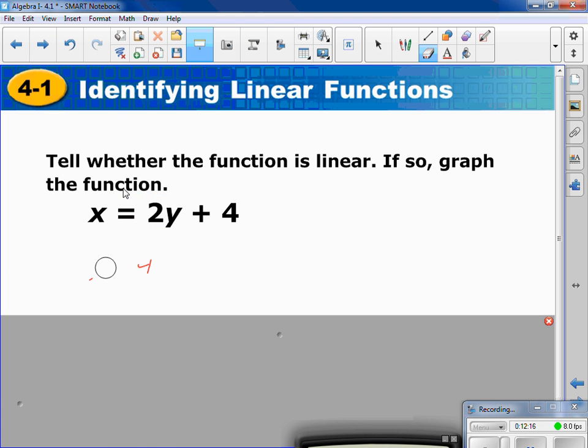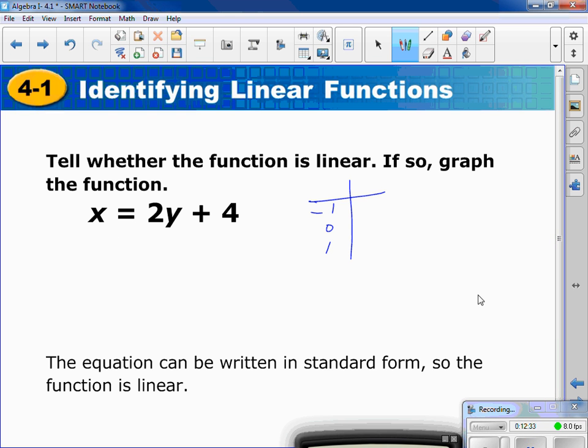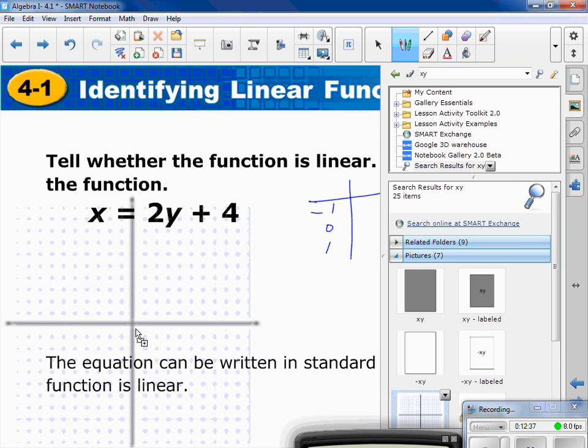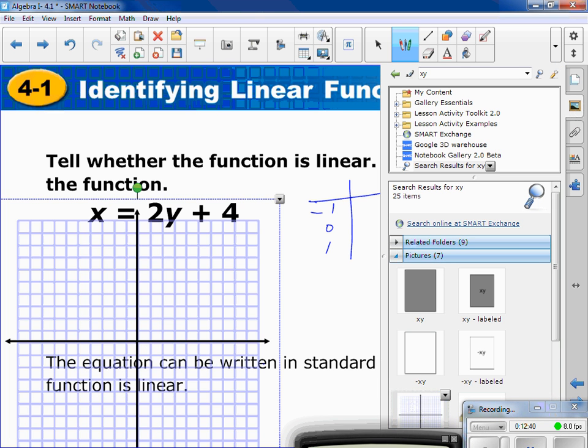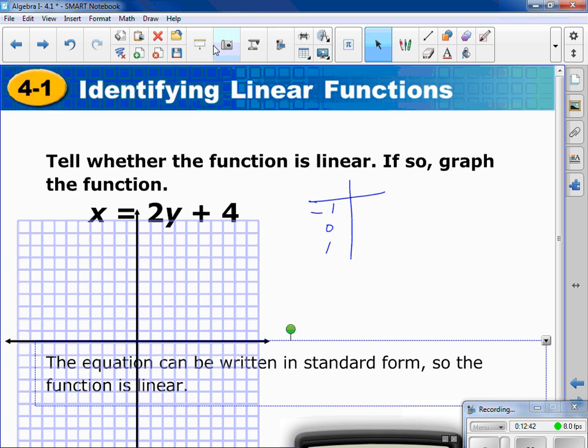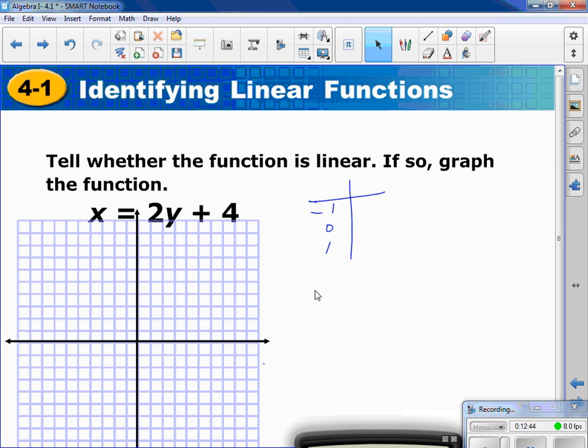Now graphing it. To graph, I just need 2 points, but I'll pick 3. The easiest numbers, I'm going to use negative 1, 0, 1. These are my x values. These are my y values.